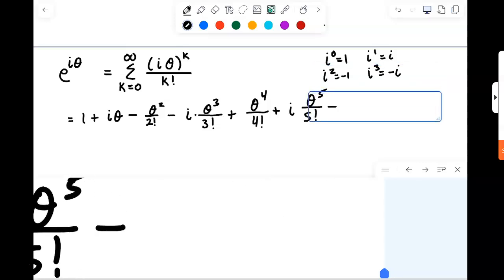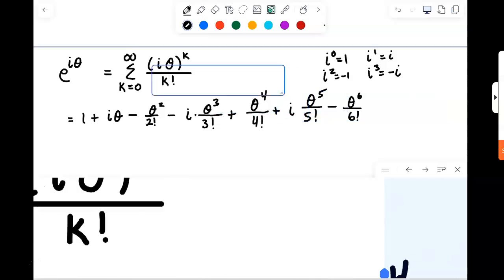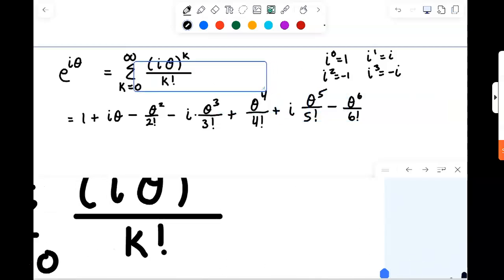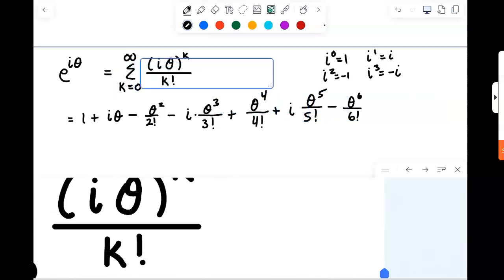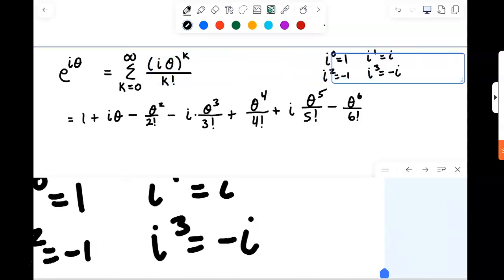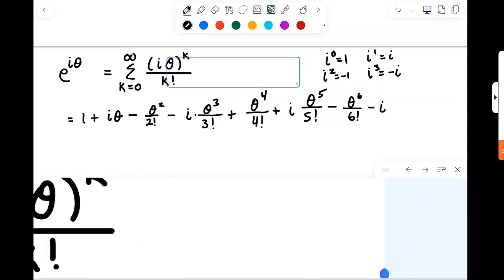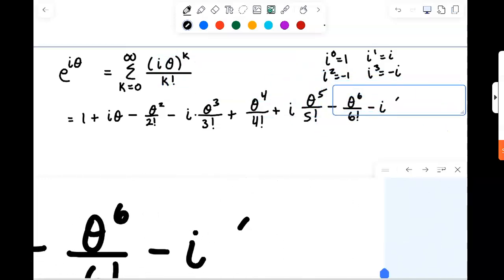And then we would have theta to the sixth over 6 factorial. And then keep going one more here. k equals 7. i to the seventh would be the same as i to the third, so it's going to be minus i. And then we would have a theta to the seventh over 7 factorial.